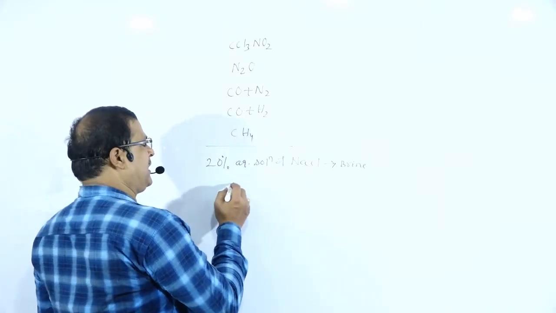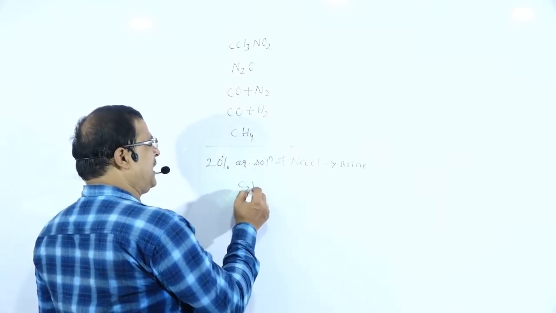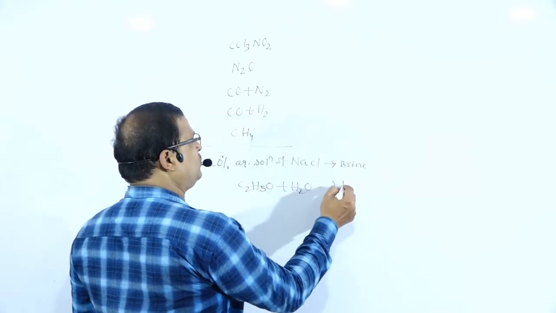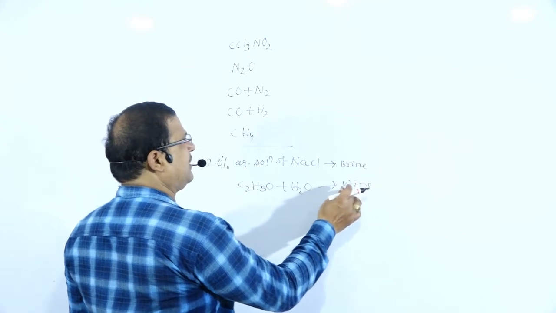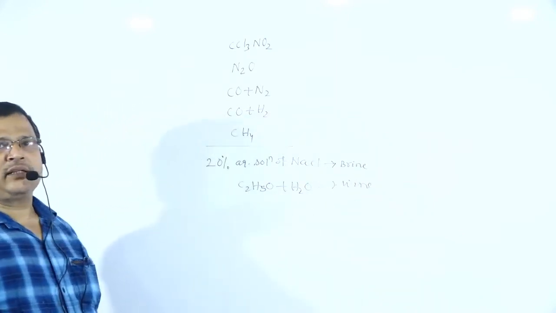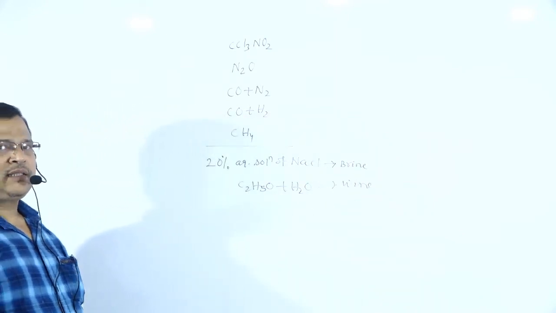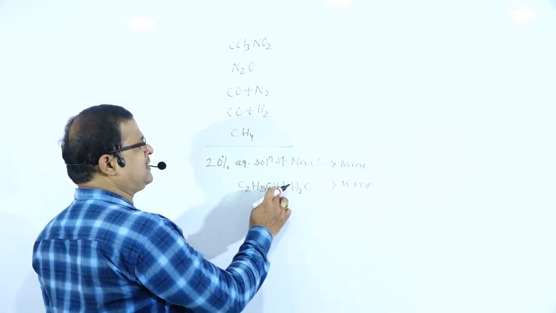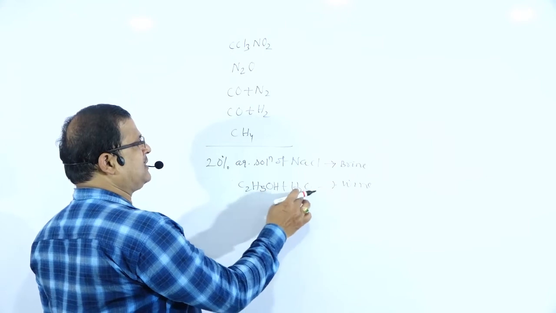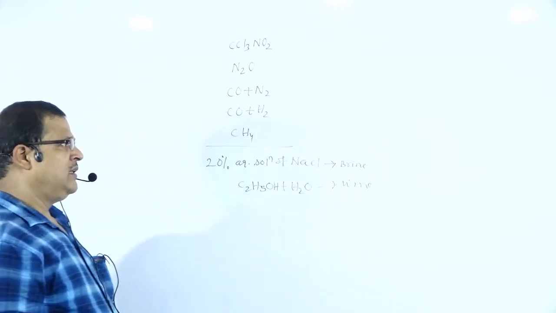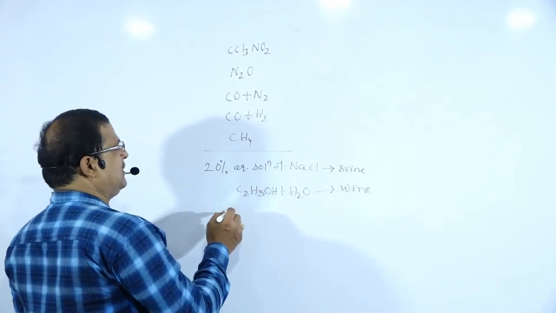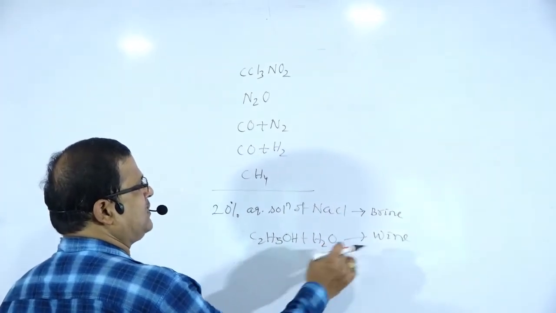If we take ethyl alcohol plus water, that is known as wine, the alcoholic beverages that we are taking. Wine is the mixture of ethyl alcohol, C2H5OH, and water. Brine, 20% aqueous solution of NaCl; ethyl alcohol and water mixture, that is wine.